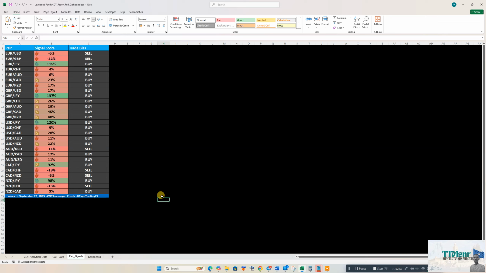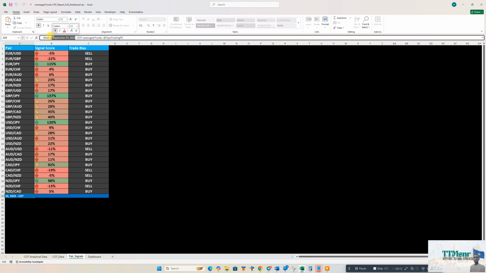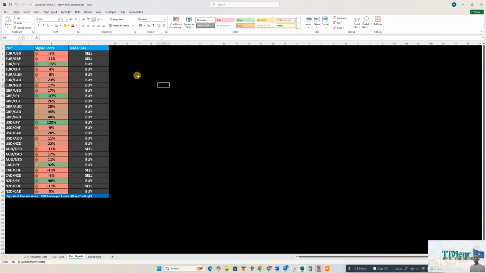For example, it says this is the signals of the current week. This is the signals of the current week. So it always shows the signals of the current week.